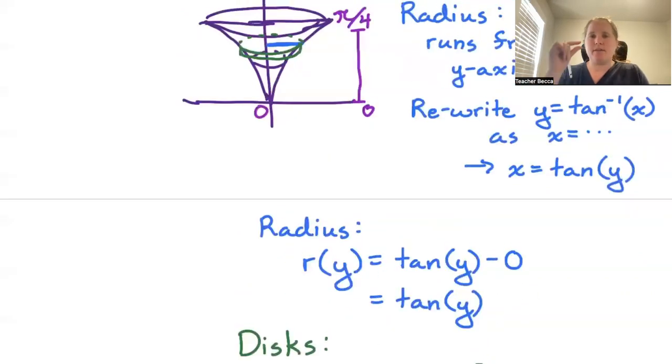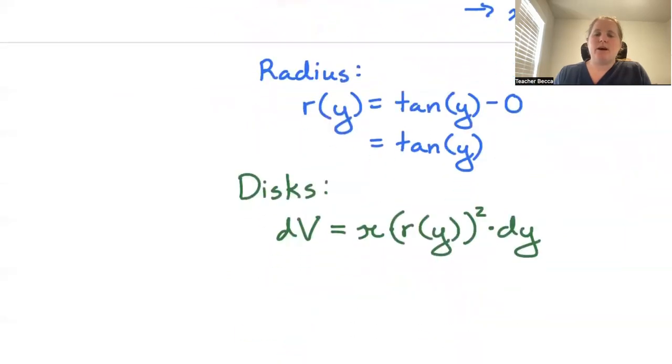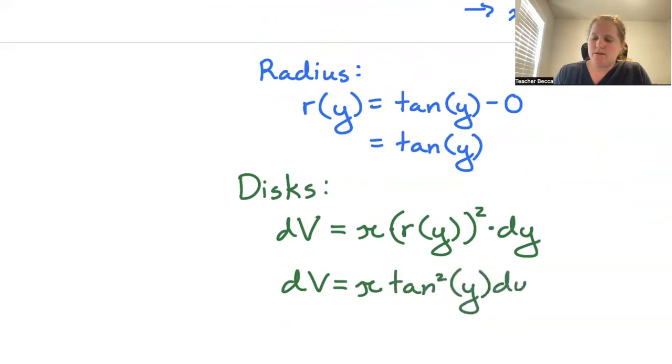Again, this time our thickness is dy, not dx. So we have pi times r of y squared times dy. Or dV is equal to pi times tan squared of y dy.